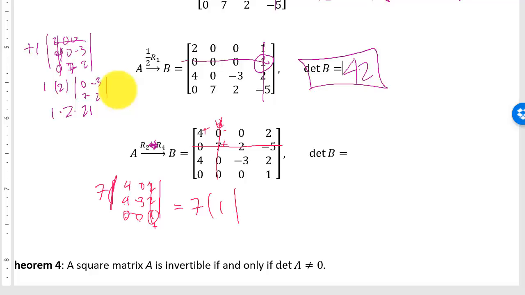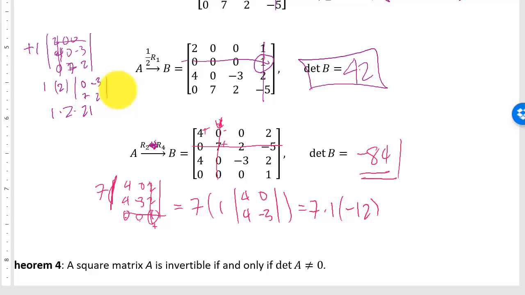And then we have a 4, 0, 4, negative 3. And then this is going to be 7 times 1 times, this looks like it's a negative 12 minus 0. And 7 times negative 12 is negative 84.